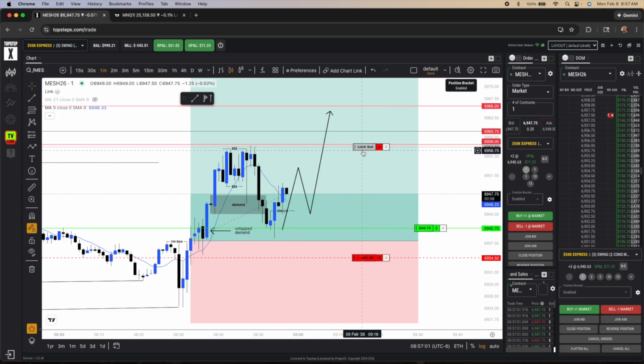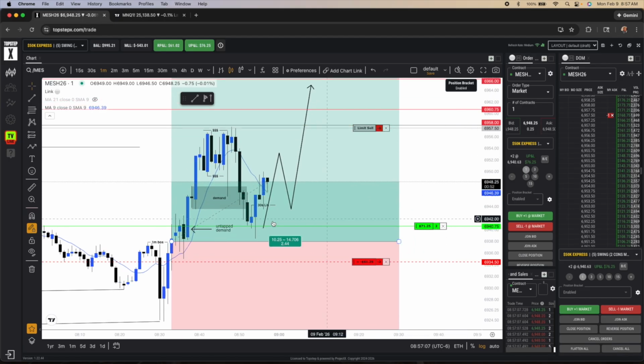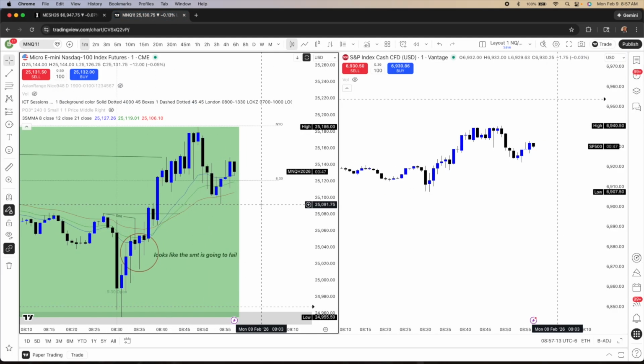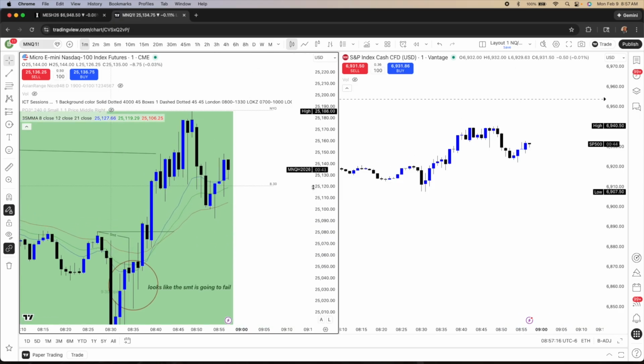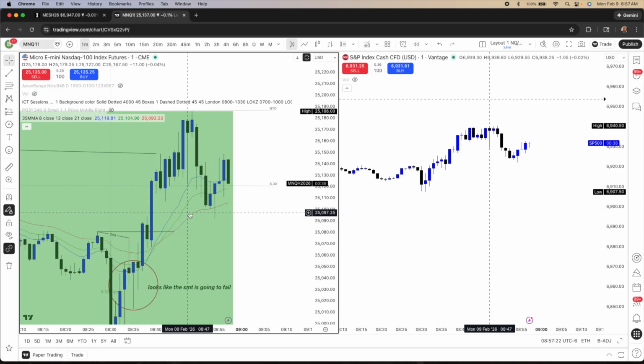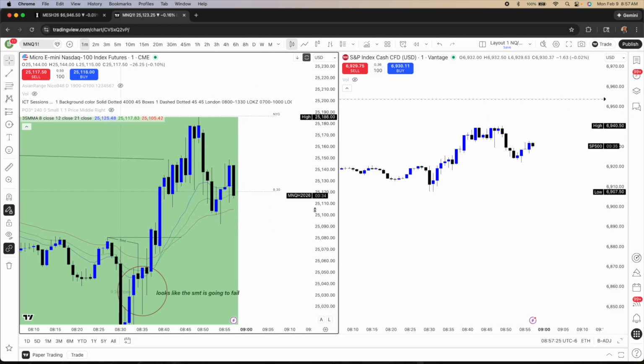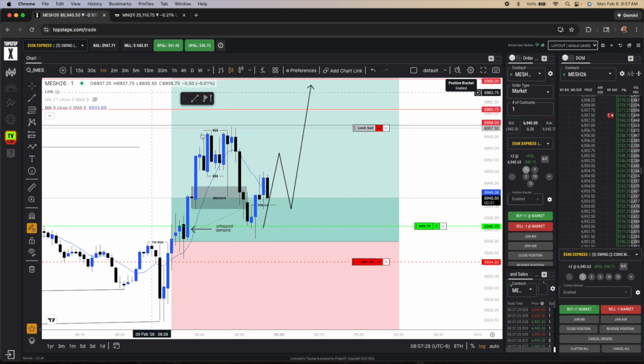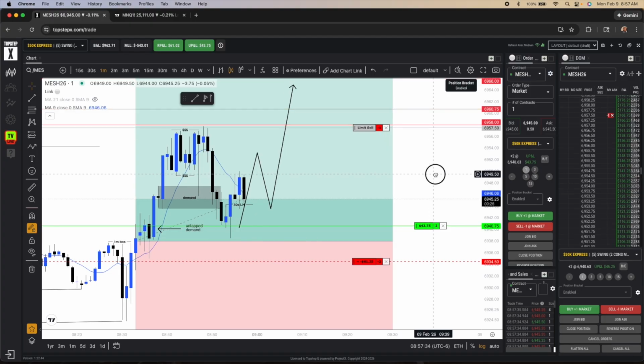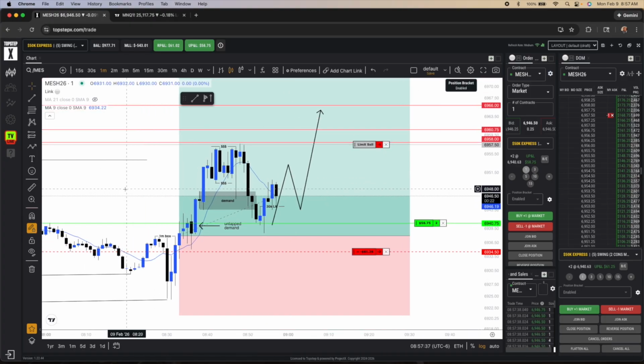And then once we hit this first TP, if we hit it, then we're going to set this back to break even most likely, because this should now be a protected low. Well, we're just sitting and waiting to see what happens.